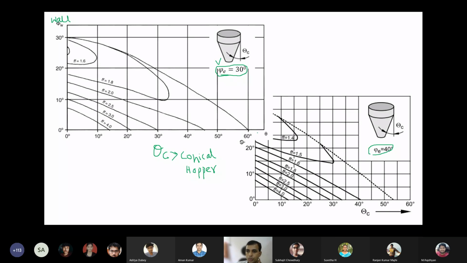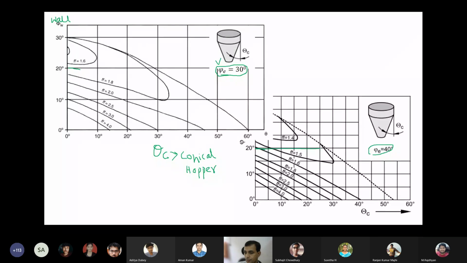Let's say the angle of internal friction is 40 degrees, as in the previous example, and the angle of wall friction is 20.